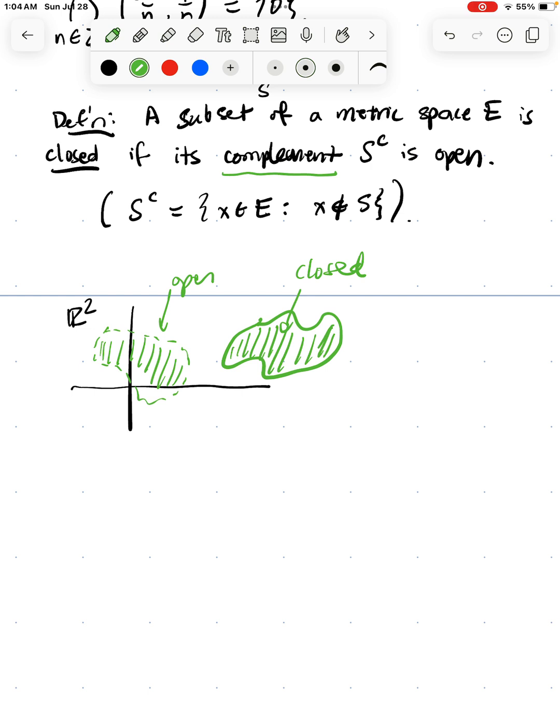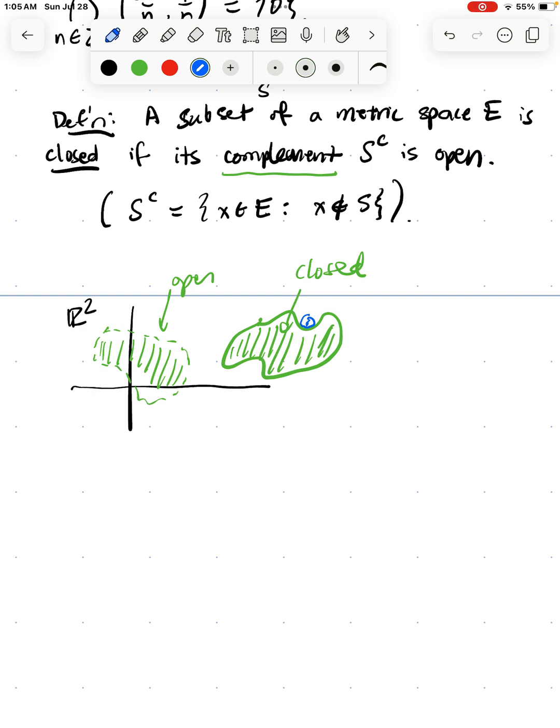And intuitively, the reason it's closed is because that closed set contains the boundary. If you take an element outside it, say here, you'll be able to find some epsilon or some radius such that the open ball centered at that point with that radius lies completely outside that set.